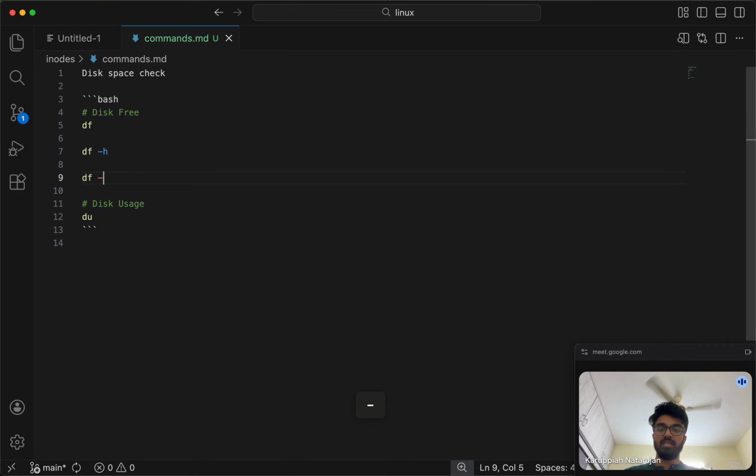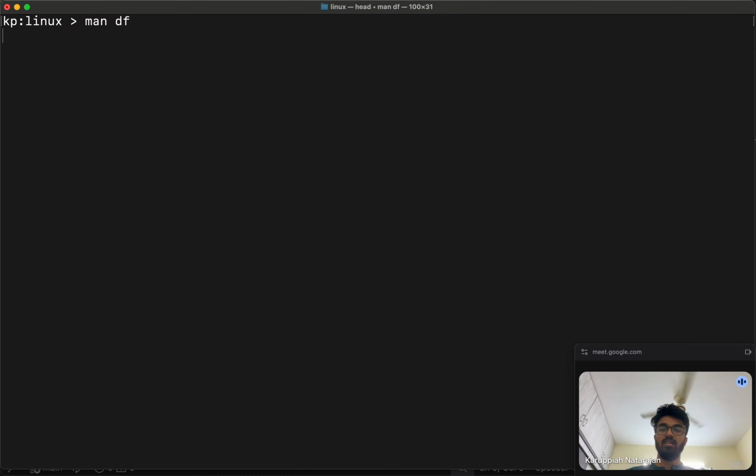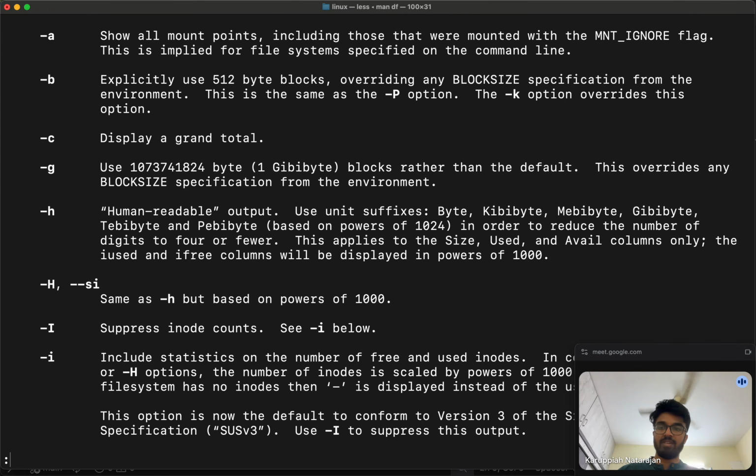I think it's basically some form of human readable. Small h is human readable, and capital H is the same, but based on powers of 1000, like 1 kilobyte is 1000 bytes, instead of 1024. So here the small h is based on 1024.